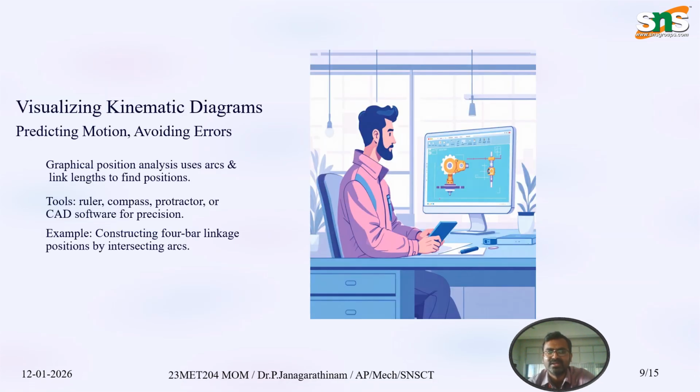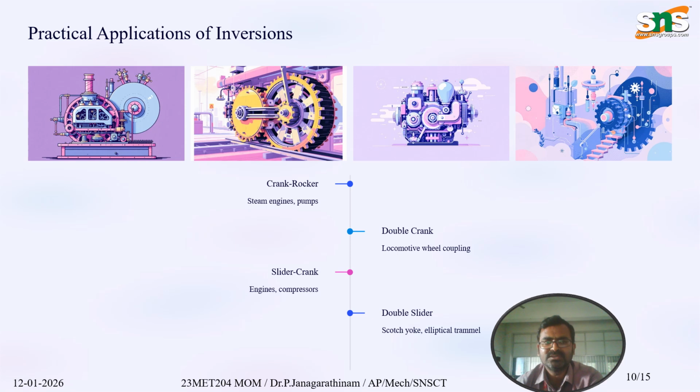Next is visualizing the kinematic diagrams, predicting motion and avoiding errors. Here we use the relative motion method and construct the diagrams, and we also use computer aided tools, computer aided design software, to develop such designs.